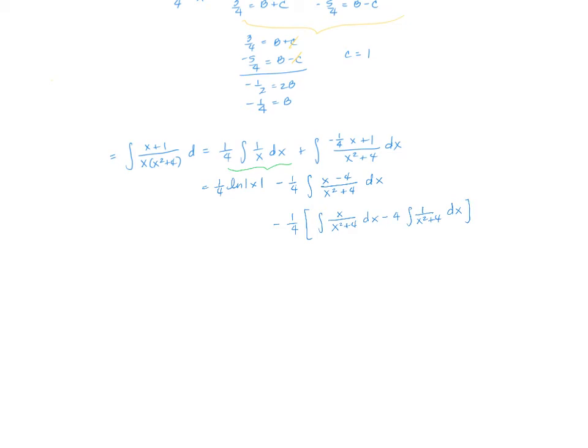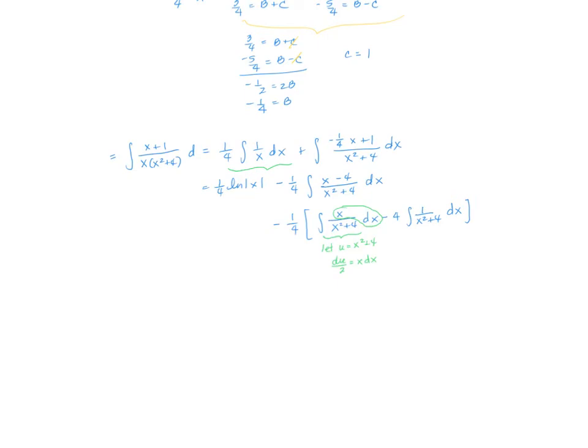Now in this first integral, I think I can just do a u substitution. Maybe I could let u equal x squared plus 4. So du over 2 will end up being x dx. And you see this piece here can be replaced by du.